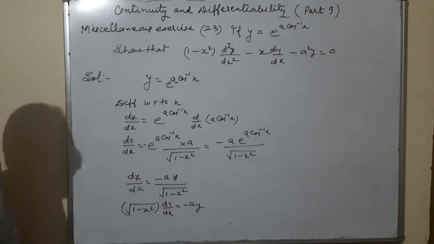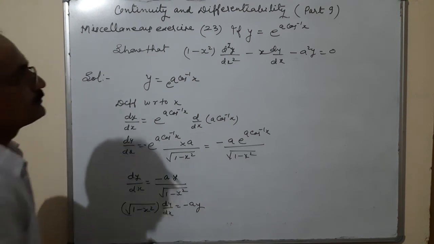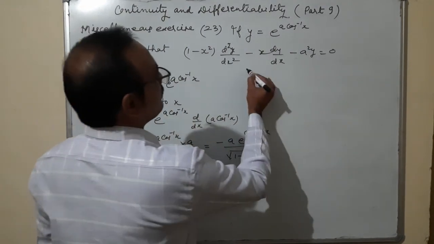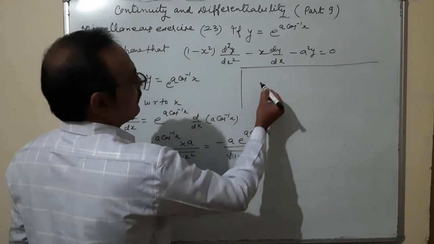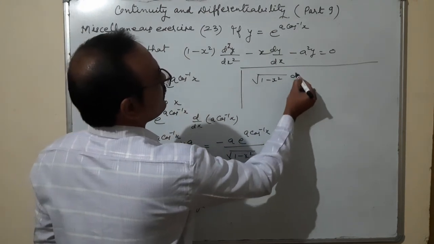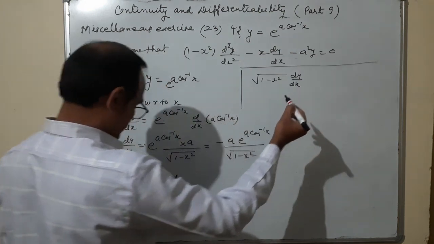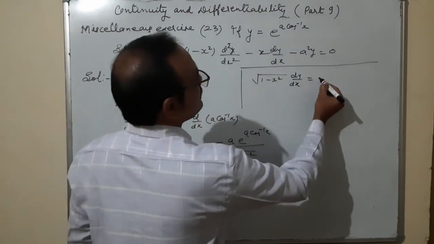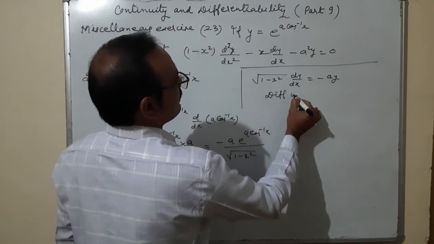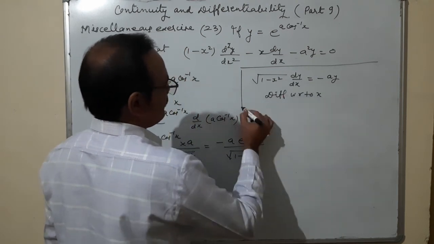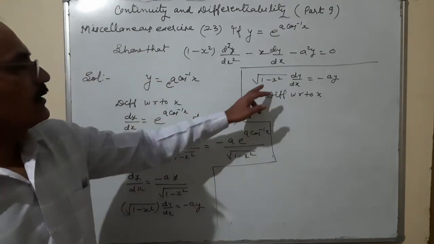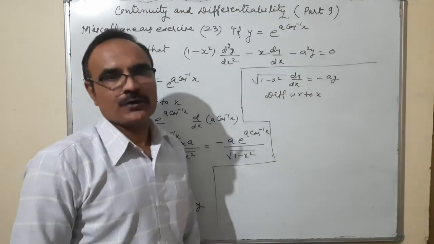And again differentiate with respect to x. Here I am writing under root 1 minus x square dy by dx is equal to minus ay. Differentiate with respect to x. When I differentiate with respect to x, there are two functions, so the product rule will be applied.